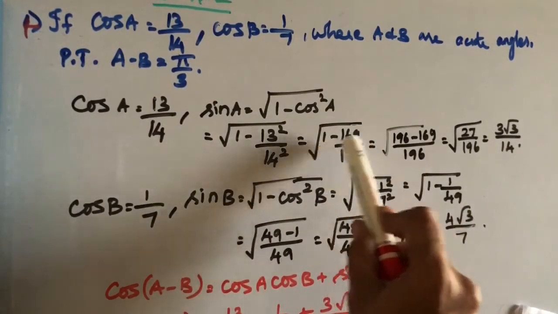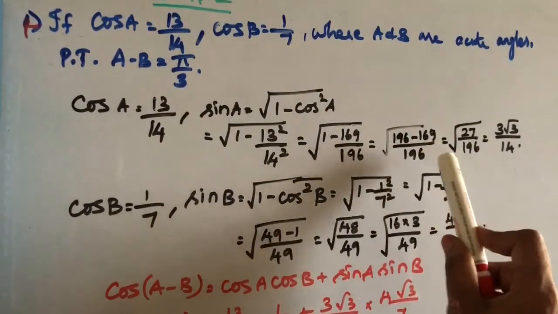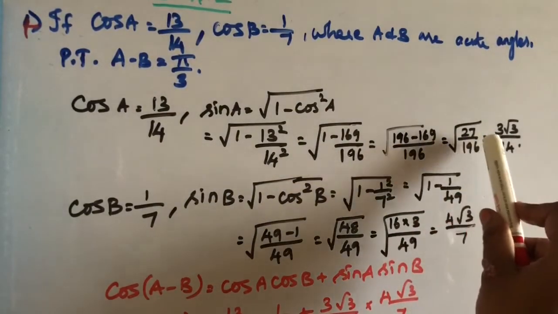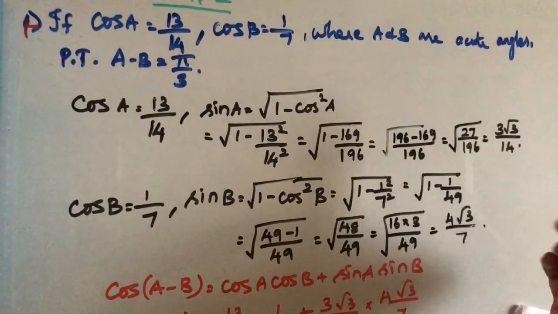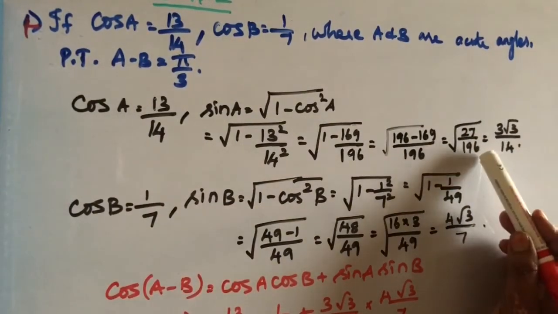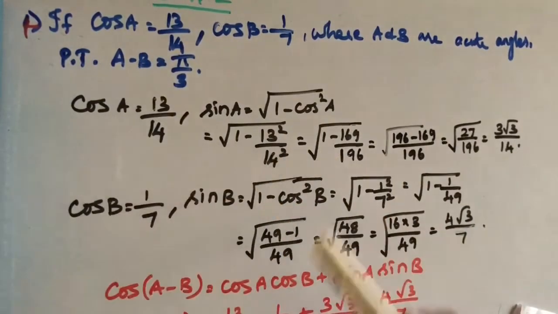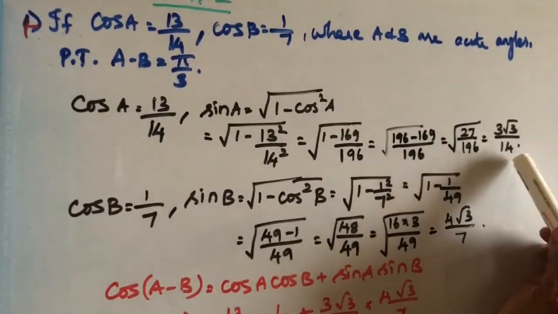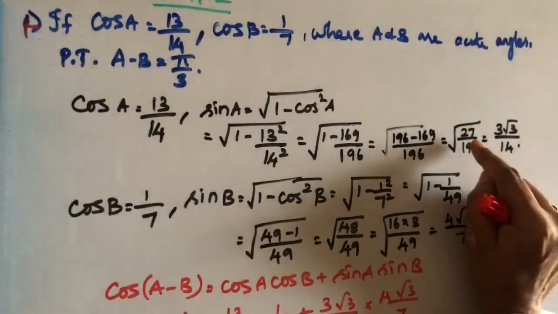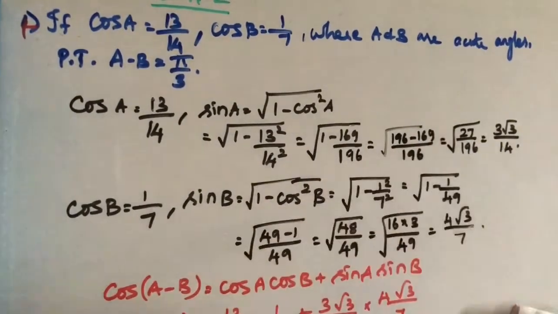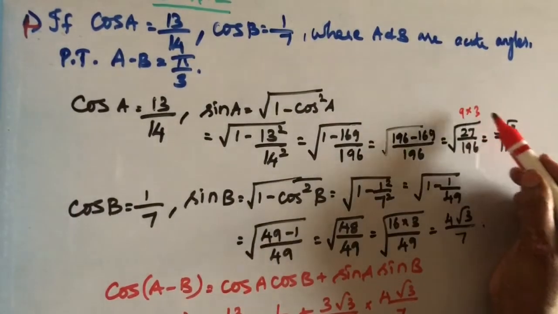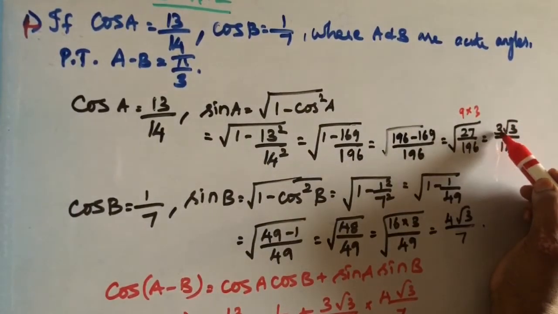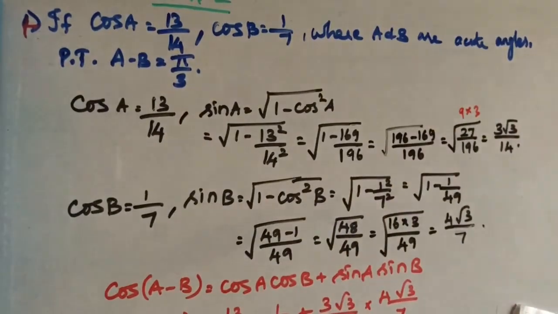So 196 minus 169, while subtracting you get 27 divided by 196 within the square root. Square root of 196 is 14. In the numerator 27 is there. I can write 27 as 9 into 3, isn't it? So 9 while coming out of the square root is 3, so 3 root 3 by 14.